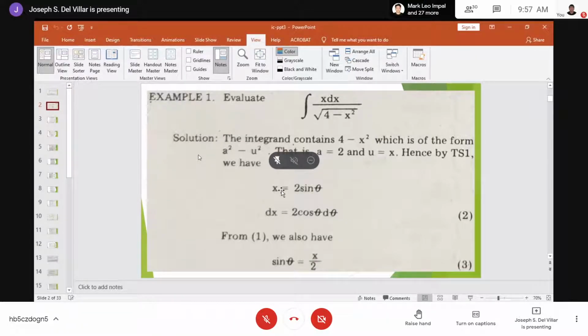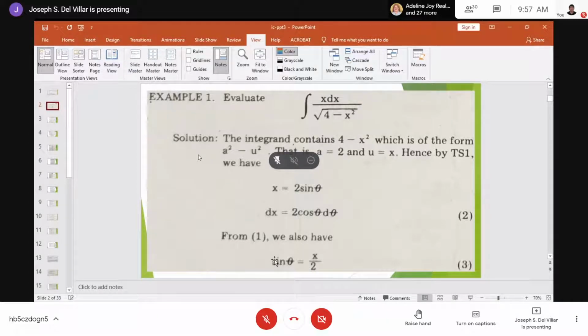Okay. Now, after this substitution, x is equal to 2 sine theta, you take the differential of both sides. So differential of x is dx. 2 being constant, you just copy 2 and take the differential of sine, which is positive cosine. So 2 cosine theta d theta when taking the differential of both sides.